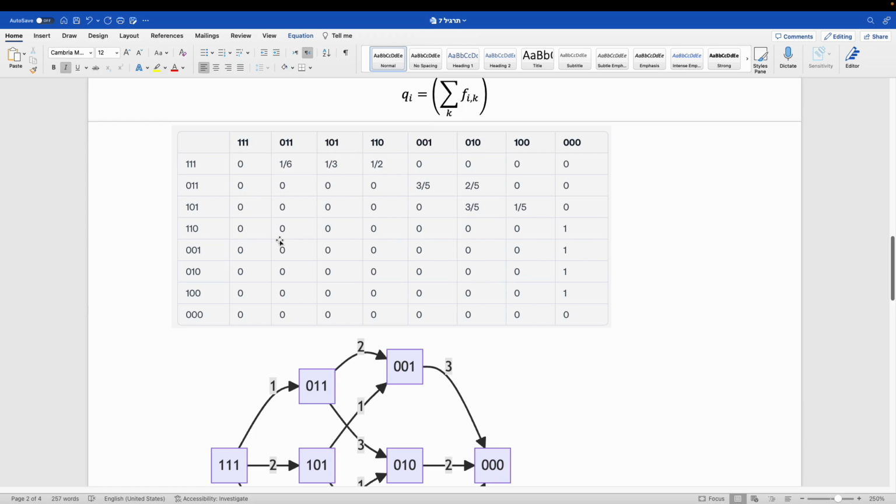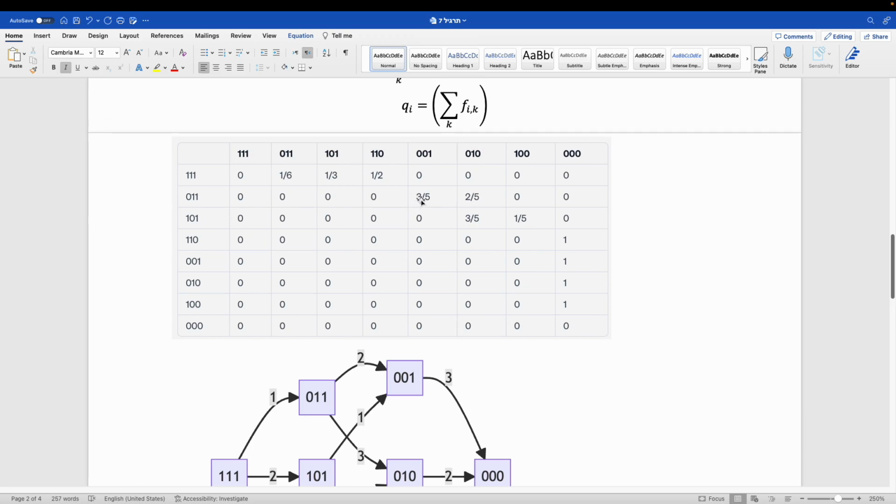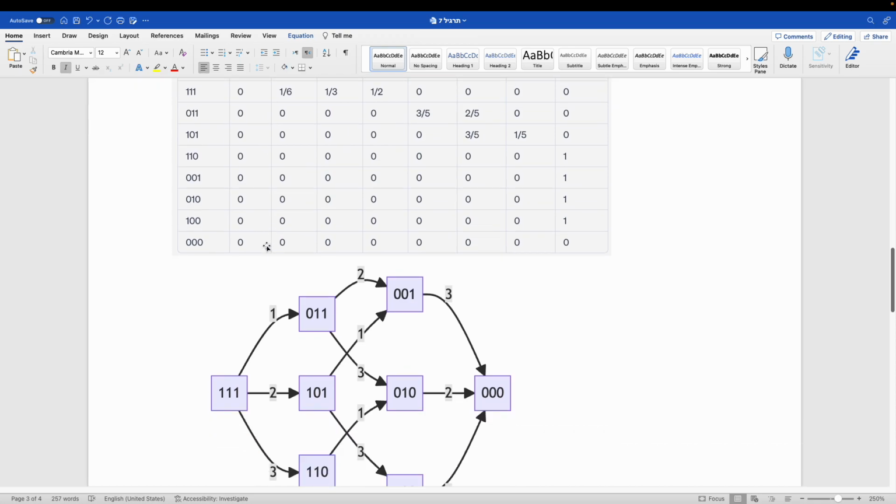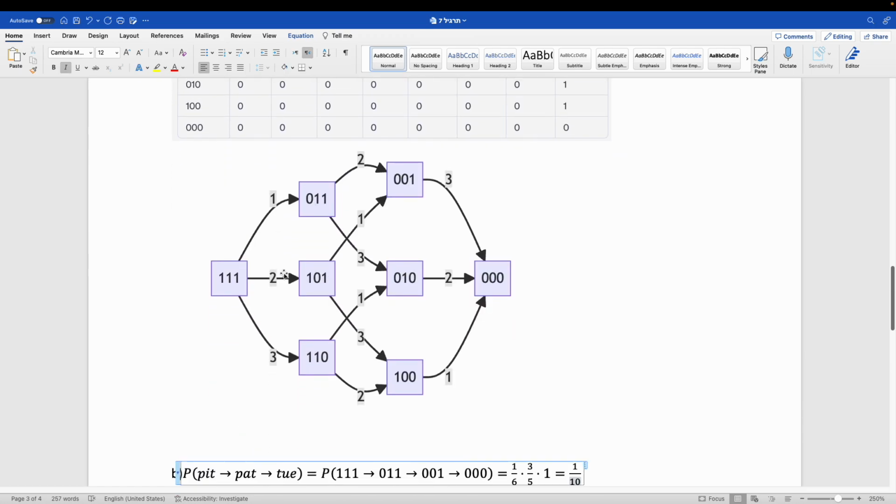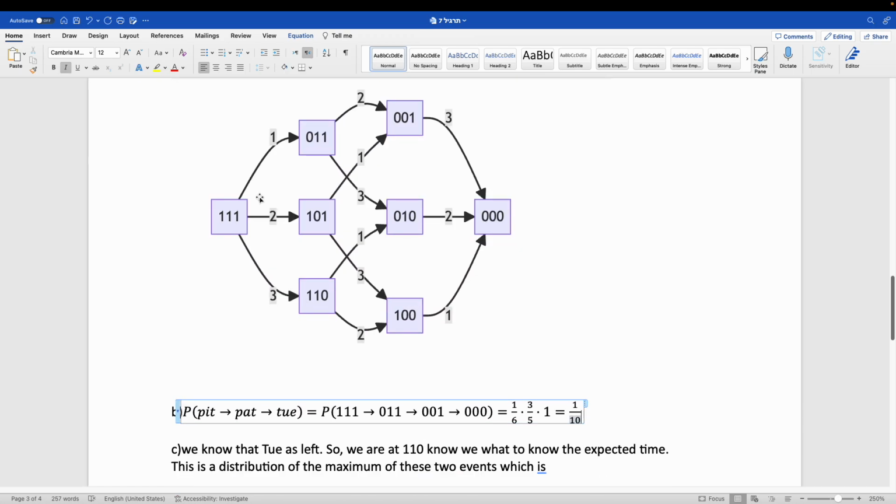So we go from this state to this state. Wait, we want to go from 1, 1, 1, so we go to 0, 1, 1, which is 1 divided by 6, and then from 0, 1, 1, we want to go to 0, 0, 1.